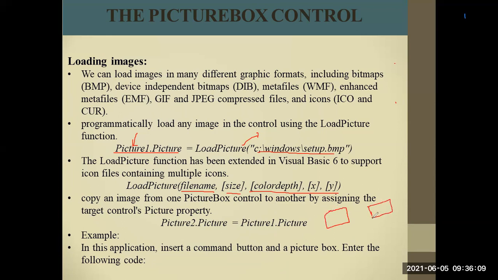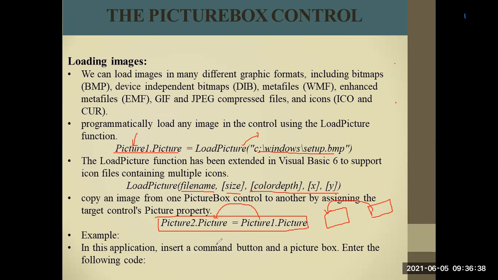If I want to copy the content of the first picture box to the second picture box, the assignment operator can be used. So whatever picture is in Picture1 will be updated to Picture2.